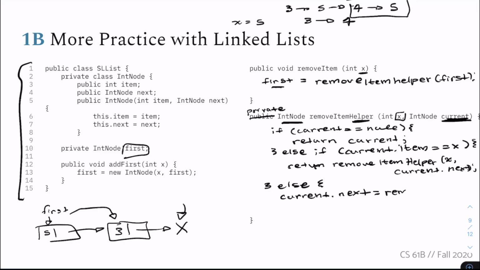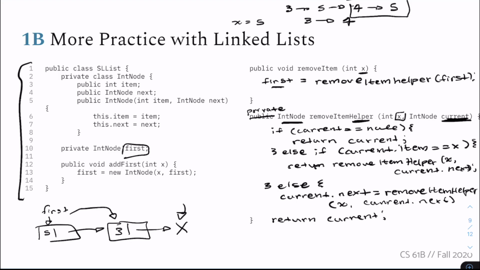And so then we call remove item helper. I should have made these names shorter. And then x and current.next. And then all we have to do is return current.